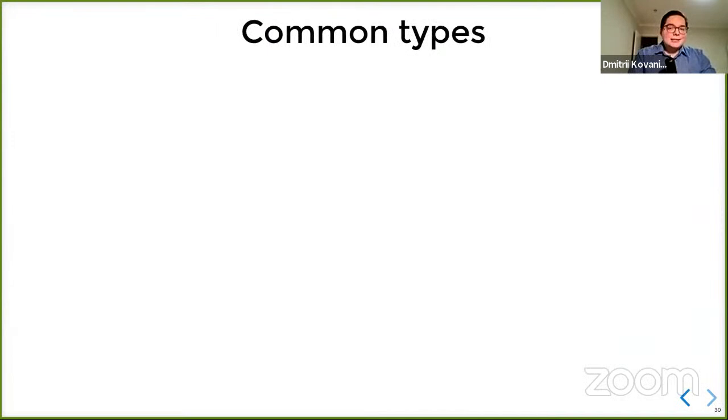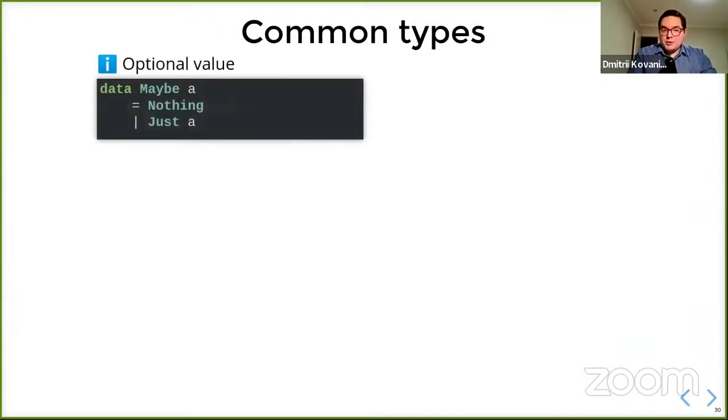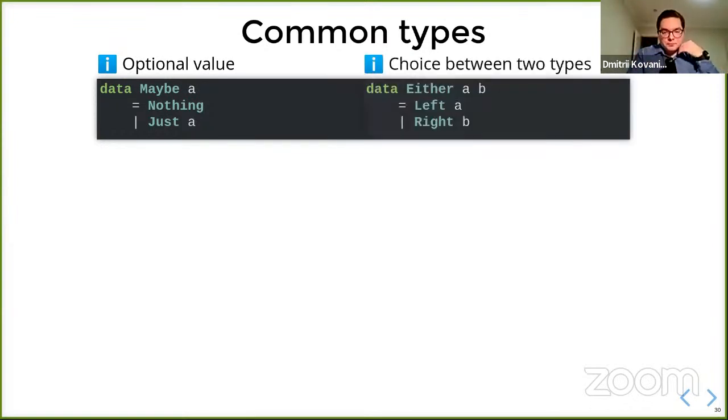And Haskell has lots of already common types which are polymorphic. One of them is Maybe. It's an optional value. It's a polymorphic type. So you either have nothing or you have just a value. Another popular polymorphic type is Either. It's parameterized by two type variables A and B, and the first constructor has values of type A, and the second constructor has values of type B. So you see the different types, and you can specialize these types to have different values.